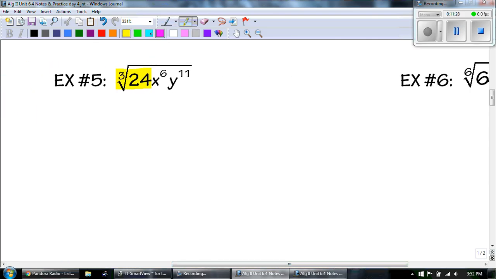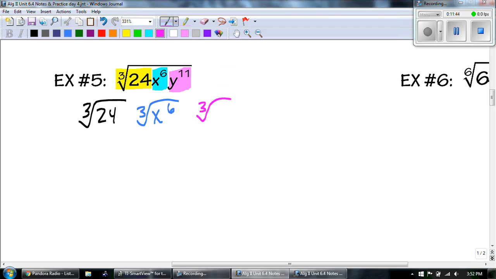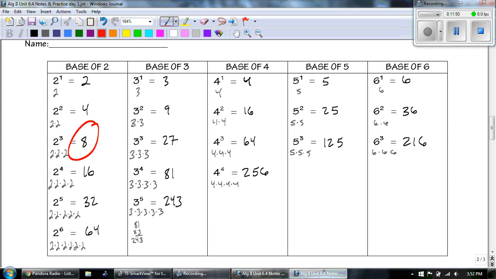Okay, so I look to see all of my different pieces. Cubed root of 24, the cubed root of x to the 6th, and the cubed root of y to the 11th. Okay? So as I come back to here, 24, and actually this is going to be the same number, it's going to be 8 that goes into it.